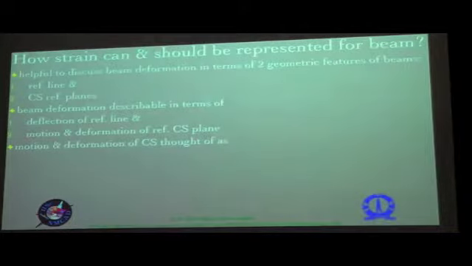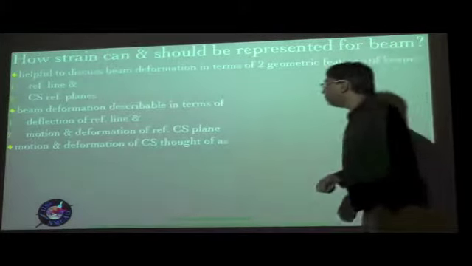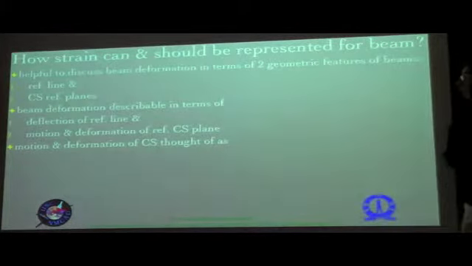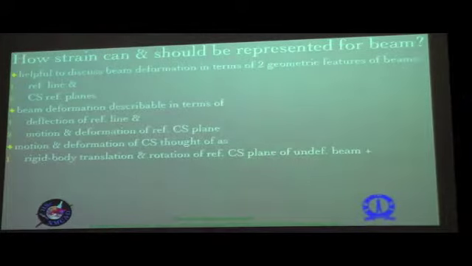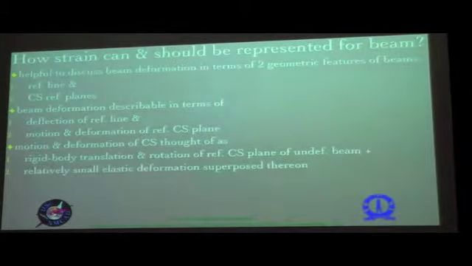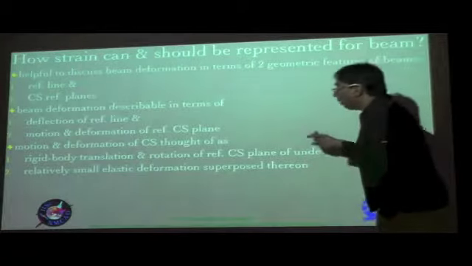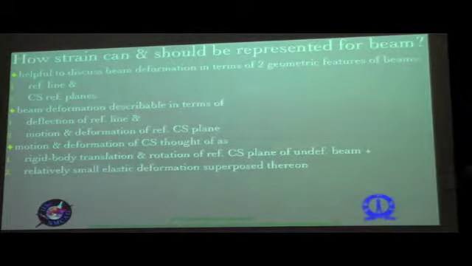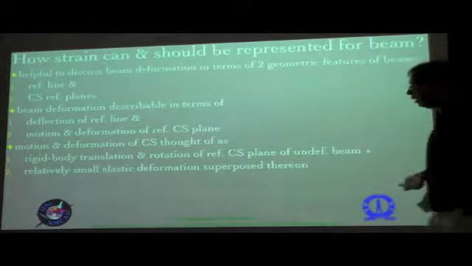And then, of course, you have the motion and deformation of the cross-section, which can be thought of as decomposed in this way. First of all, the rigid body translation and rotation that I just talked about, of the reference cross-sectional plane of the undeformed beam. And then, compared to this, a relatively small elastic deformation is superimposed on it, which we call the warping.